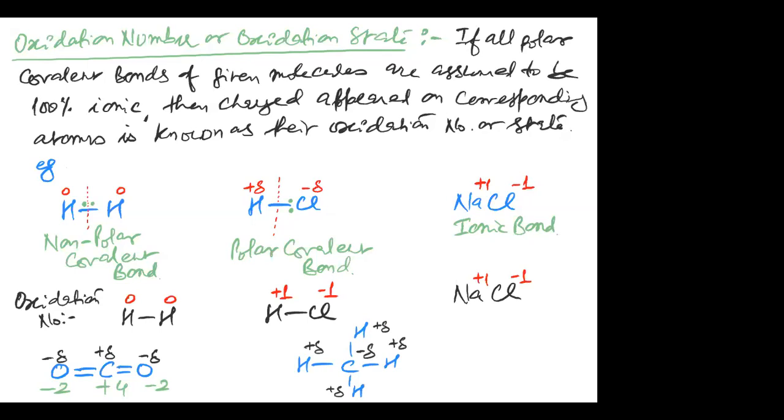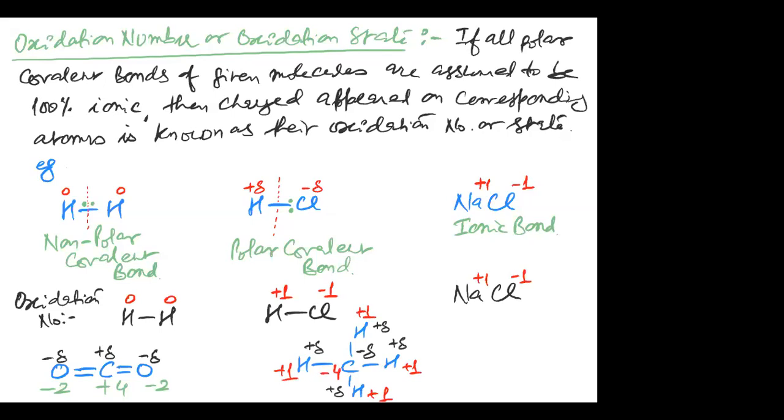So as every hydrogen forms 1 bond with the more electronegative carbon, it should acquire a +1 oxidation number each. If every bond of carbon is assumed to be 100% ionic, then the oxidation number of the central carbon should be -4.